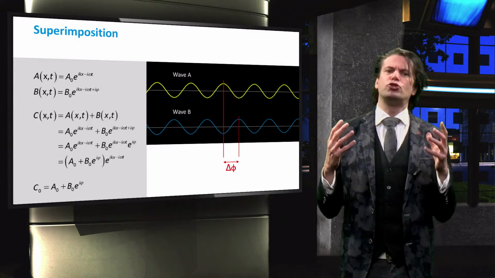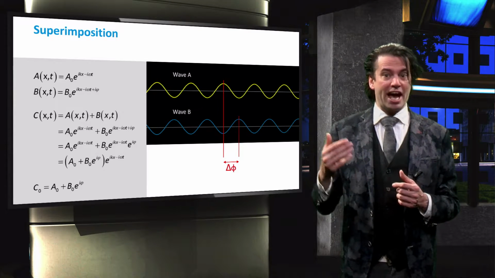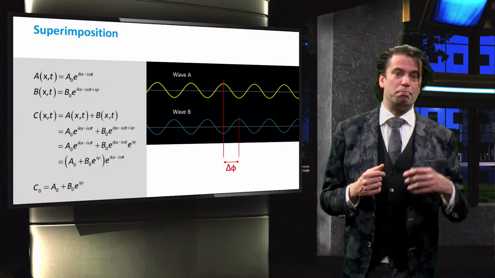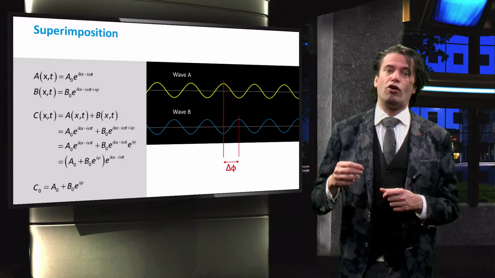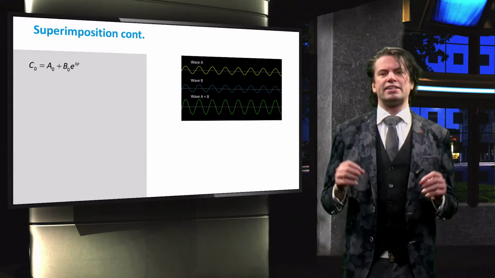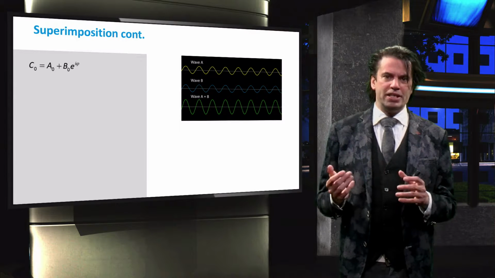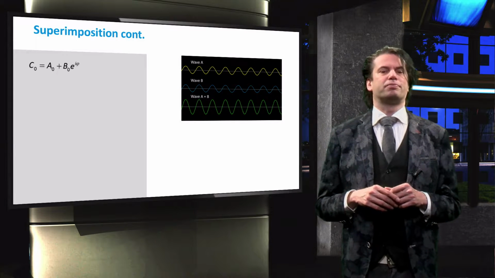The amplitude of the superimposed wave is therefore equal to the amplitude of wave A plus the amplitude of wave B times the exponential of the phase shift between A and B. We can see that the amplitude can be stronger or weaker than A and B depending on the phase shift.